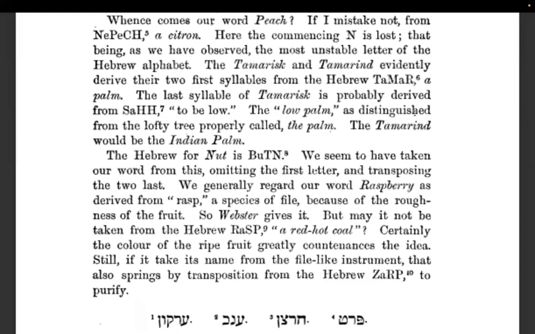It's also the word for the date, right? The fruit of a palm. The last syllable of tamarisk is probably derived from shach, to be low, the low palm as distinguished from the lofty tree properly called the palm. The tamarind would be the Indian palm, or the tamar from India, right?